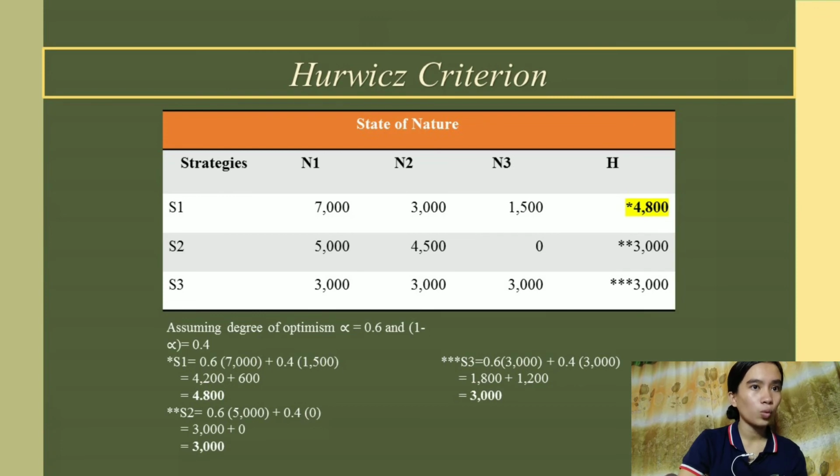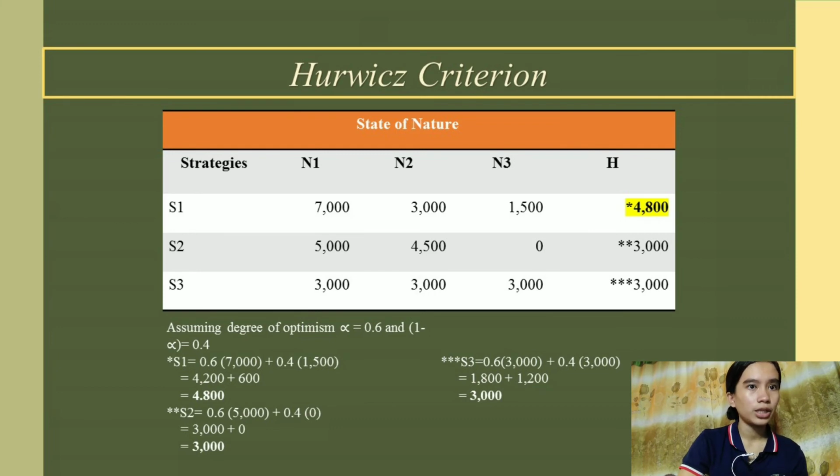In strategy 2, the maximum is 5,000 and the minimum is 0. So we get this by adding the product of 0.6 times 5,000, the maximum, which is equal to 3,000, plus 0.4 times 0, the minimum, which is equal to 0, and 3,000 plus 0 is equal to 3,000.